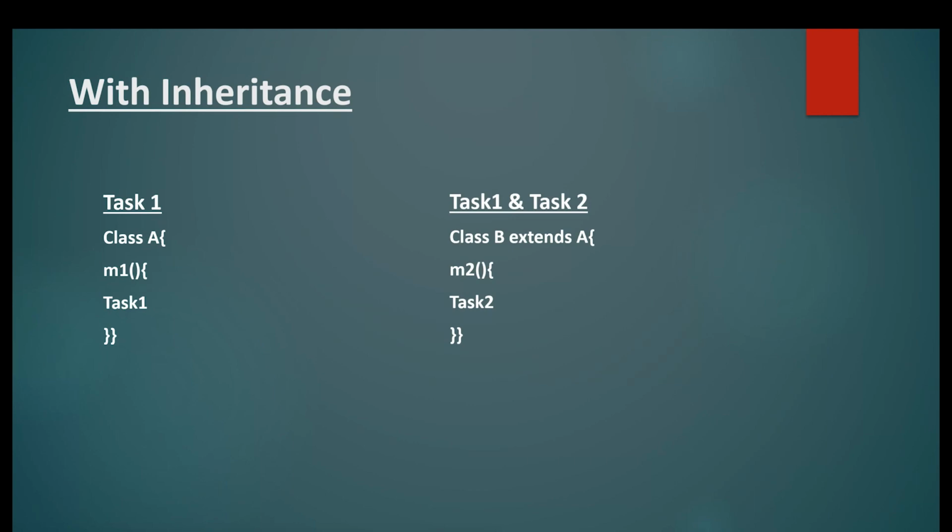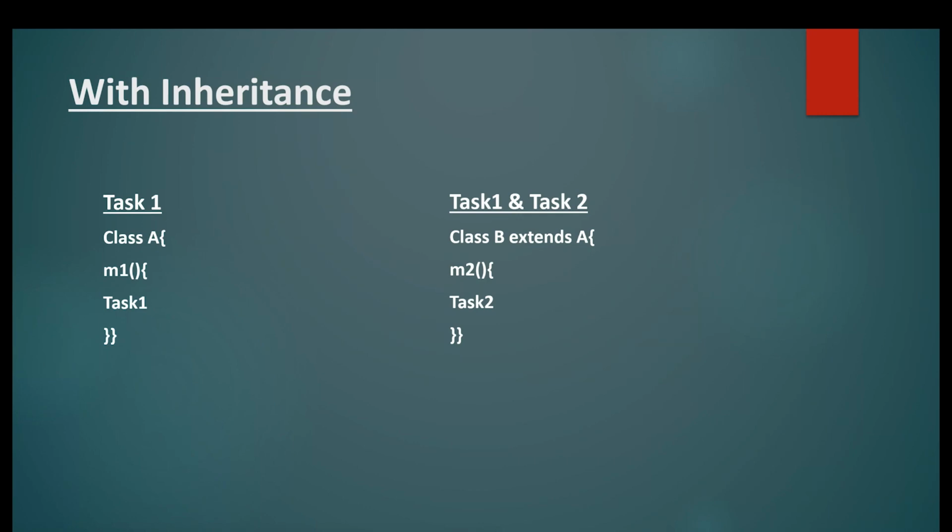So to write that, since task one is already being performed in M1, which is a part of class A, to utilize the concept of inheritance, we extend class A in our class, which simply means by using the extends keyword, you are actually inheriting all the properties and behavior of class A. So here, when you see carefully, in class B, I'm not writing method M1.